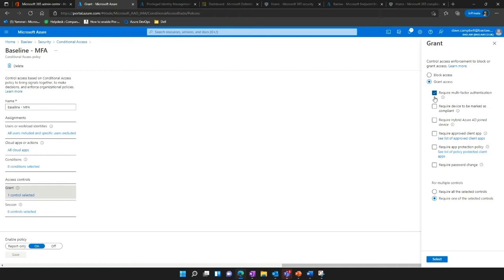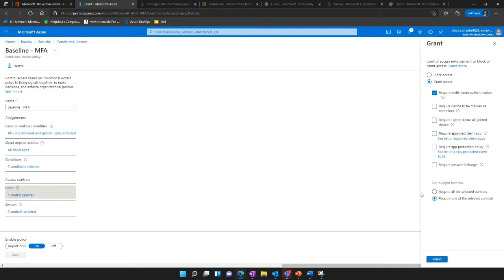Lots of things like that. You can even create a compliance policy that is dependent on the version of operating system they have. So whether that's Windows 10, Windows 11, like I've got here, or mobile operating systems like Android or iOS, you can define a base level that they need to be at before they can consume your services. A great way of managing access to your resources.